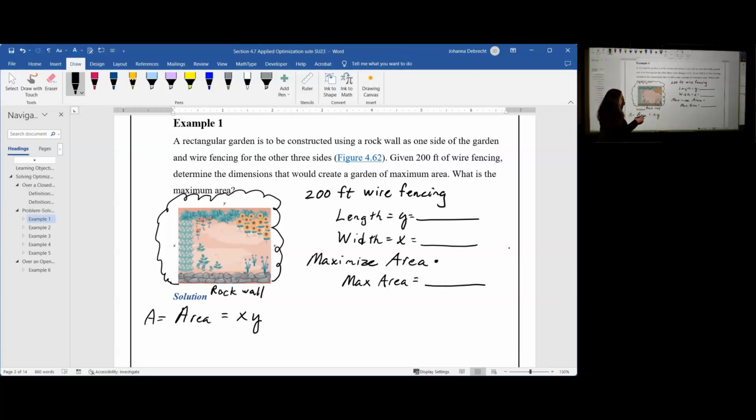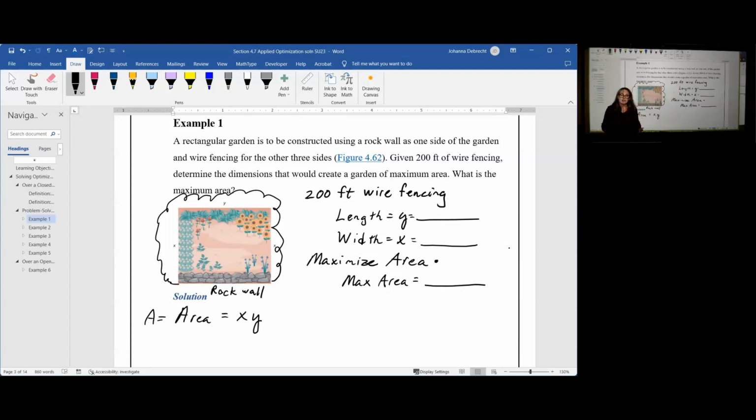I need something to replace one of these variables because this is an equation with two independent variables. It's got to be broken down into one. So come back over to the problem, look at your picture, and look at the information that you were given. In this case, I know that x plus y plus x again must equal 200 feet.